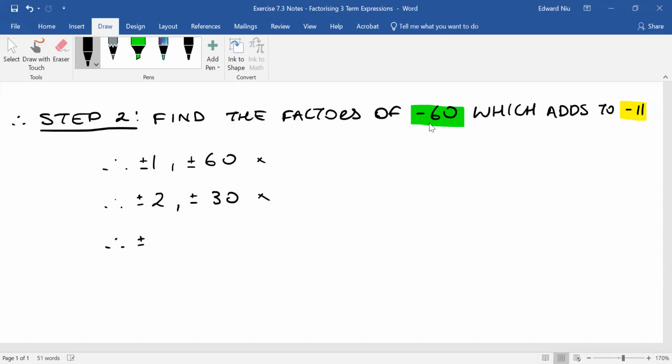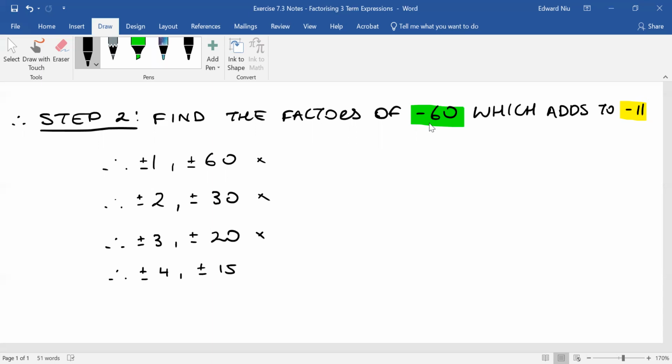Is it 3 and 20? Nope. Even if it was plus minus either of them, we're still too far apart. Is it plus minus 4 and potentially 15?